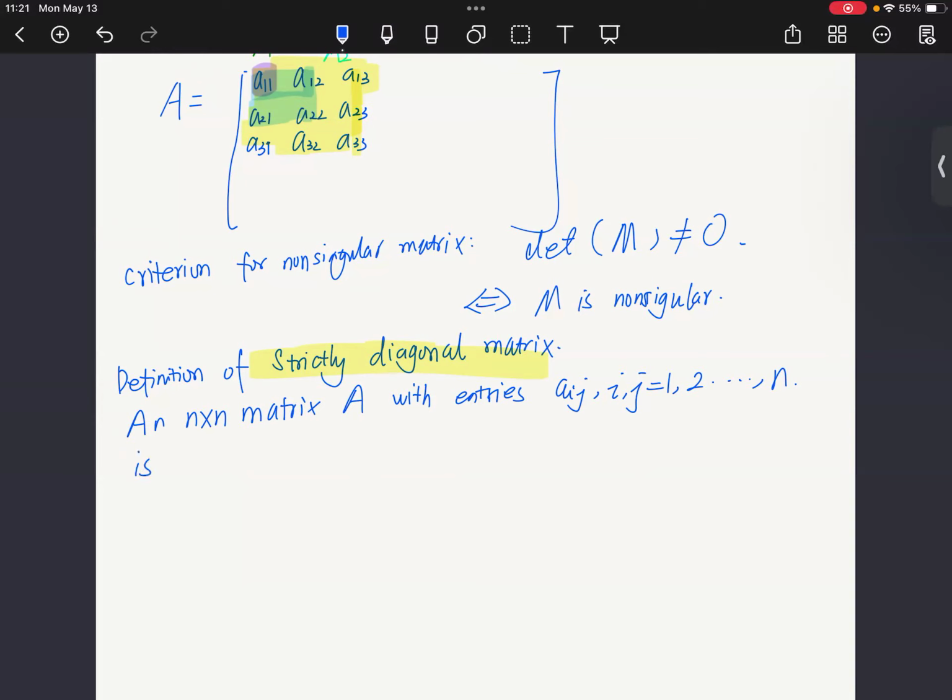If this matrix satisfies the following condition, then we call it strictly diagonally dominant.